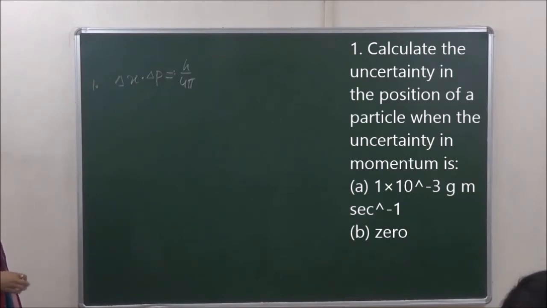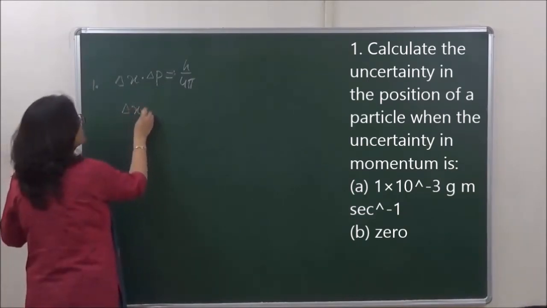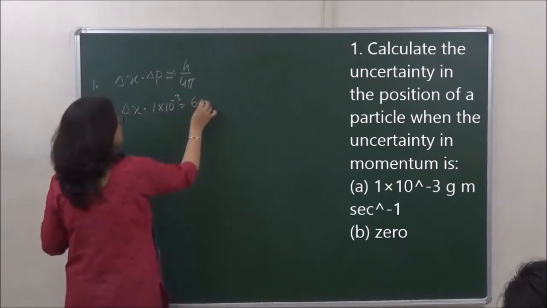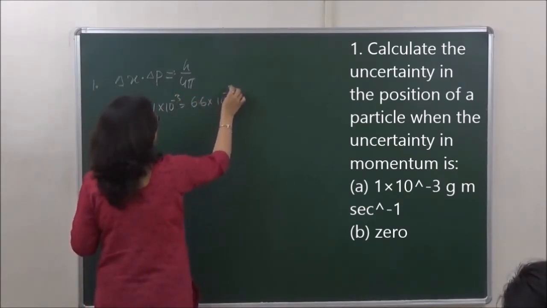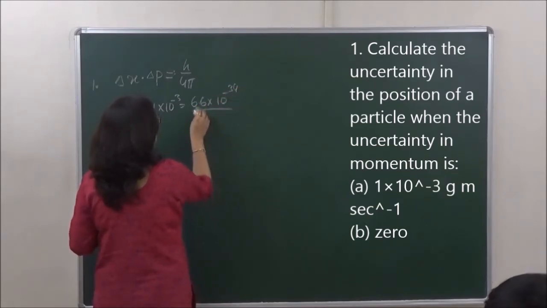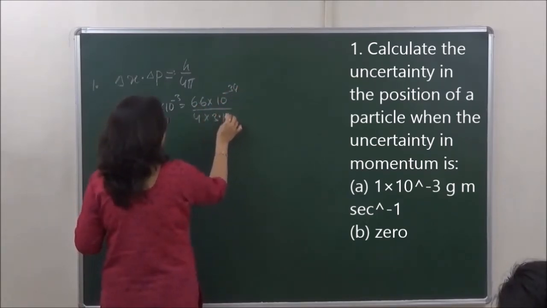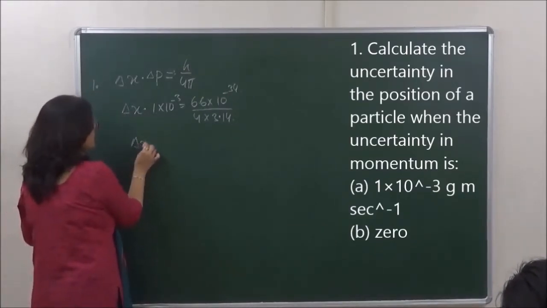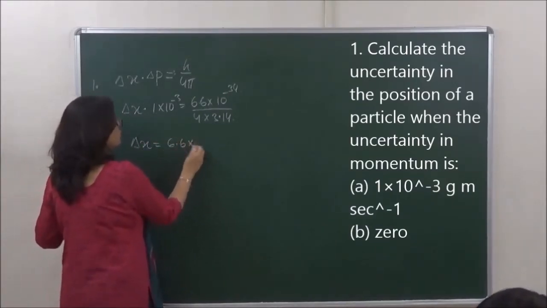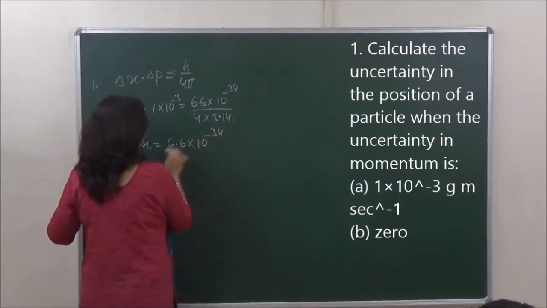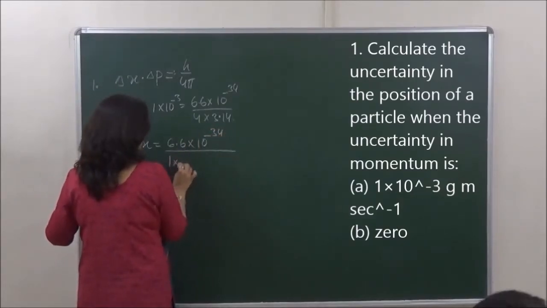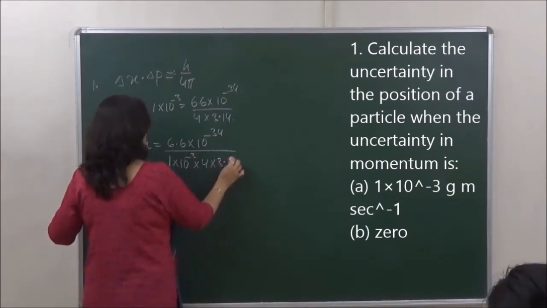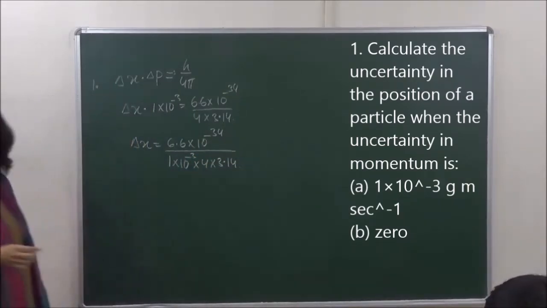1 into 10 raised to power minus 3. So delta x into 1 into 10 raised to power minus 3 is equal to 6.6 into 10 raised to power minus 34 upon 4 into the value of pi, that is 3.14. ठीक है, so delta x क्या आ जाएगा? 6.6 into 10 raised to power minus 34, 1 into 10 raised to power minus 3 into 4 into 3.14.